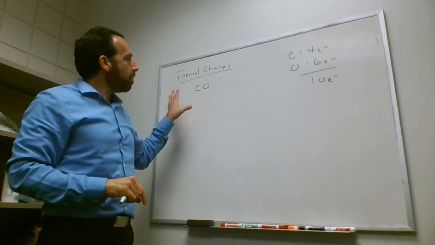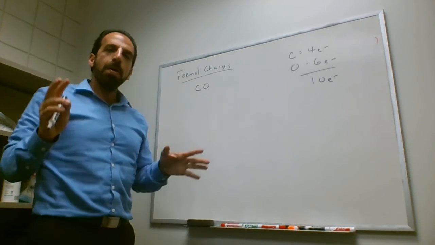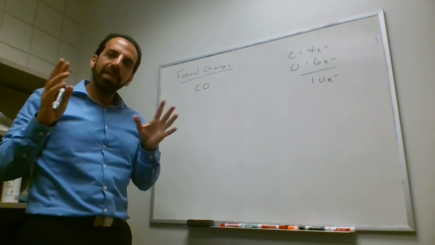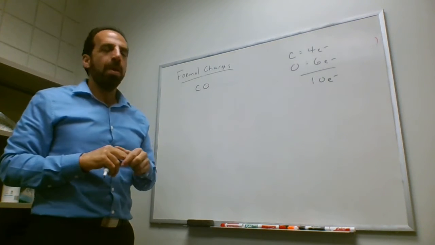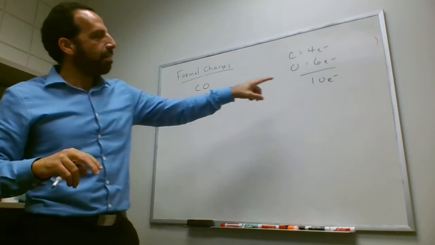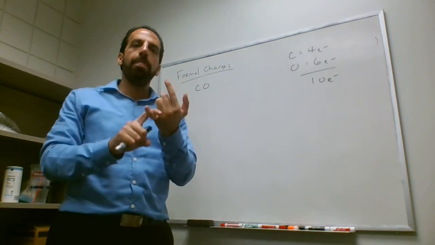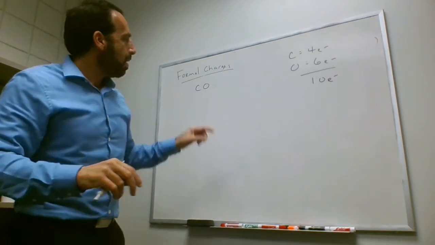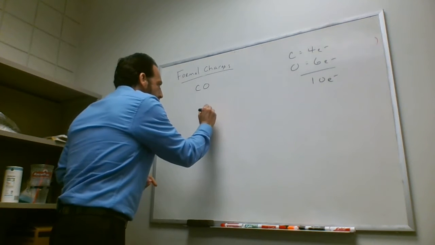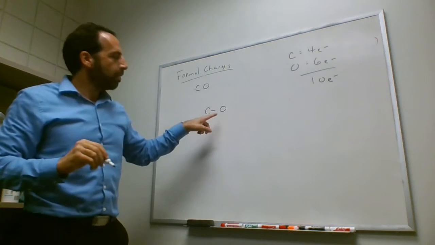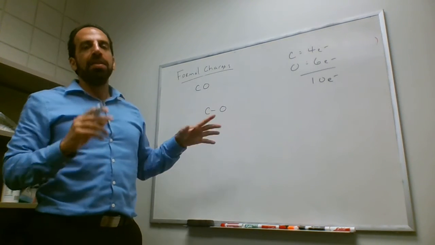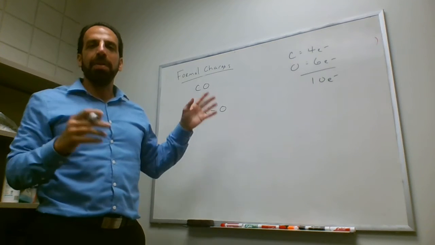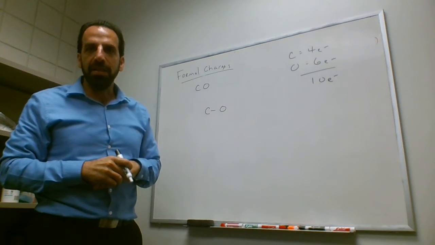Let's take a look at this one. This is carbon monoxide. I want to go ahead and draw the Lewis structure for it. It's a little bit unusual. In this case, I have 10 electrons to work with. Some are going to be bonded, some are going to be non-bonded. The way to start off is with carbon and oxygen, a single bond between carbon and oxygen. It's linear, it's only 2 atoms, but always think of carbon as the central one.